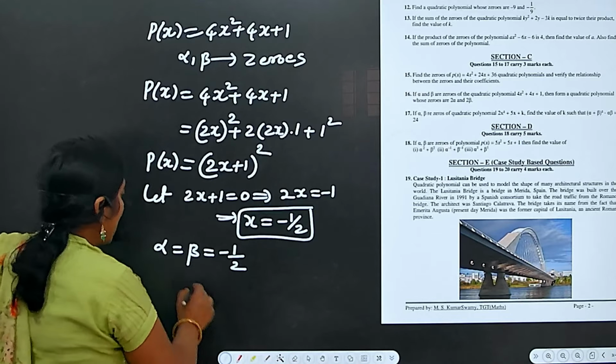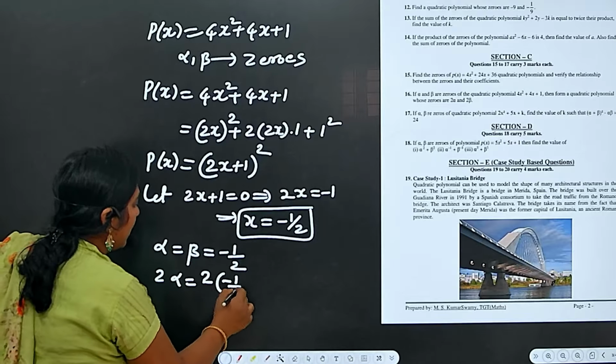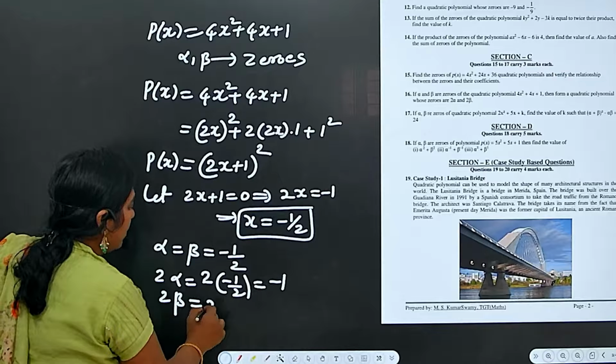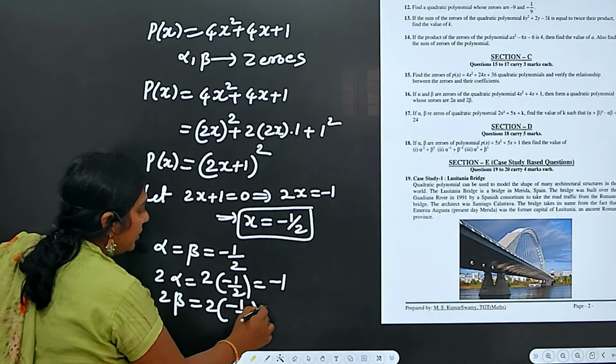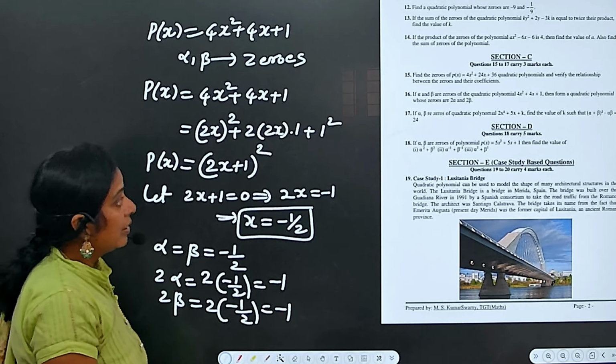Okay, they are asking 2 alpha equal to 2 into minus 1 by 2, it is equal to minus 1. 2 beta equal to 2 into minus 1 by 2, it is also minus 1. What is the question?